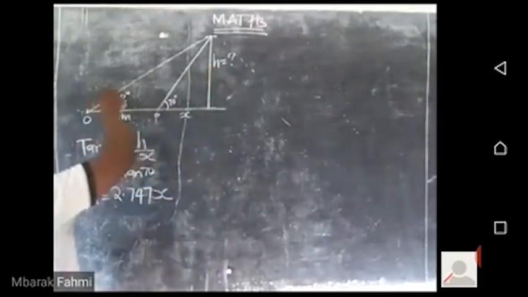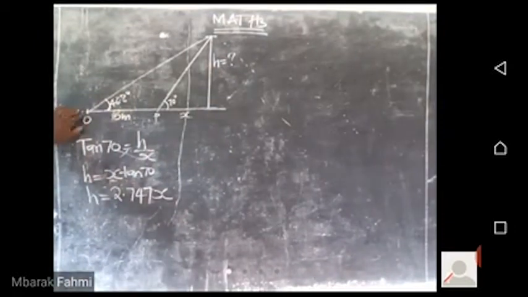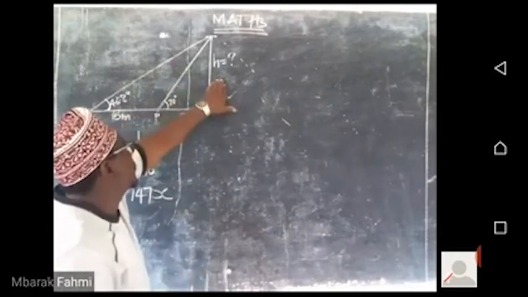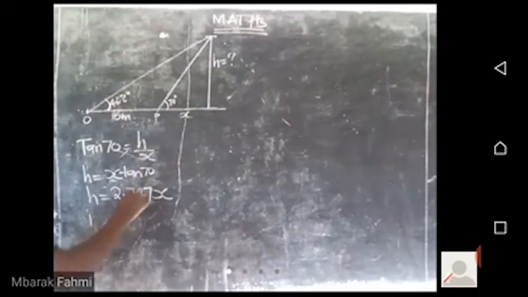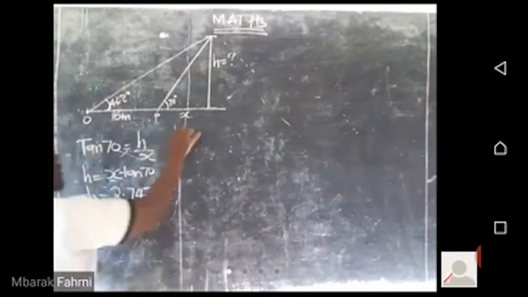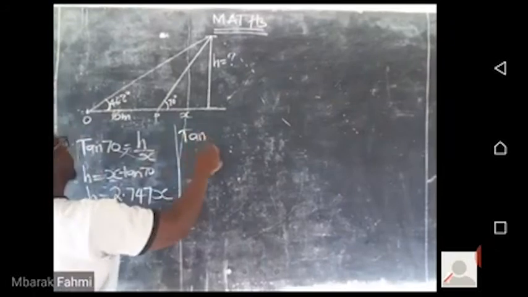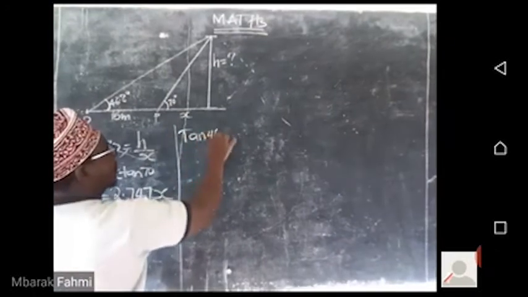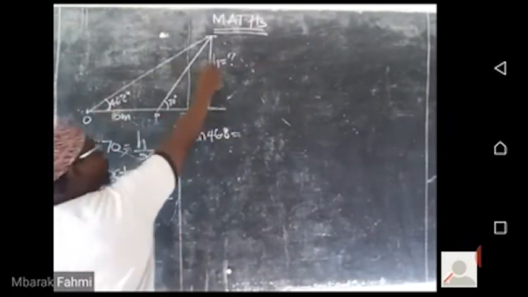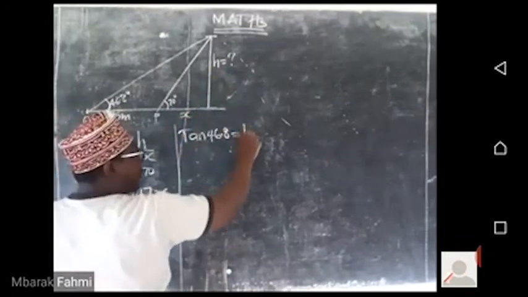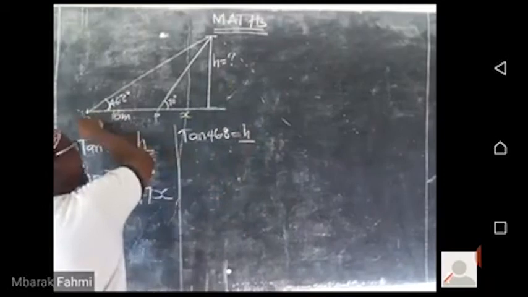And then we can use height again. We can find height using the position of Omondi, where height will be the same as opposite over adjacent again. So tan 46.8 is equal to opposite, which is height, over adjacent.